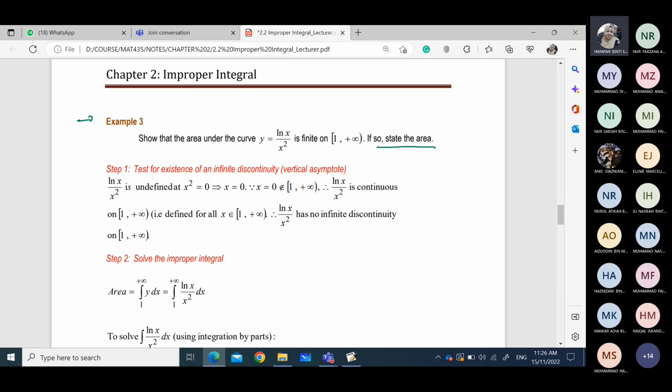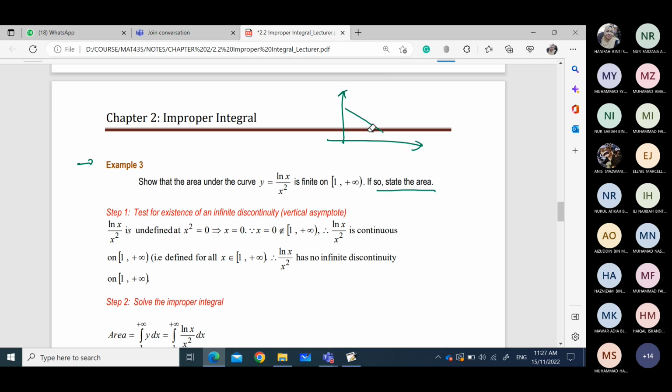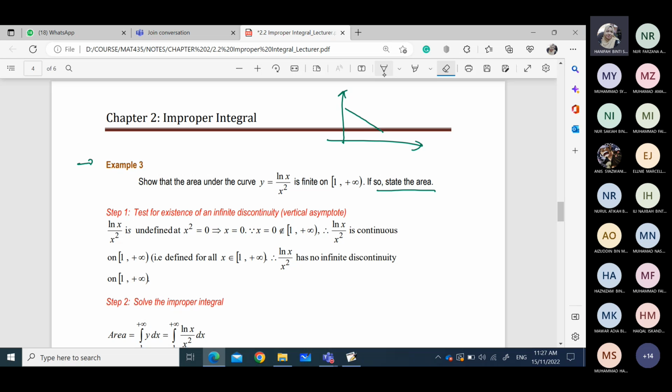Betul? Kenapa dia ada kaitan dengan differentiation? Kita tengok katakan you ada yang ini. Alright, and then we have this line. Okay, so we need to find the gradient, kecerunan untuk garisan yang ini.